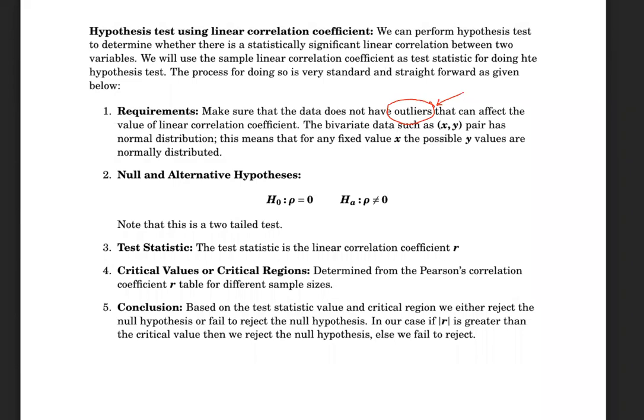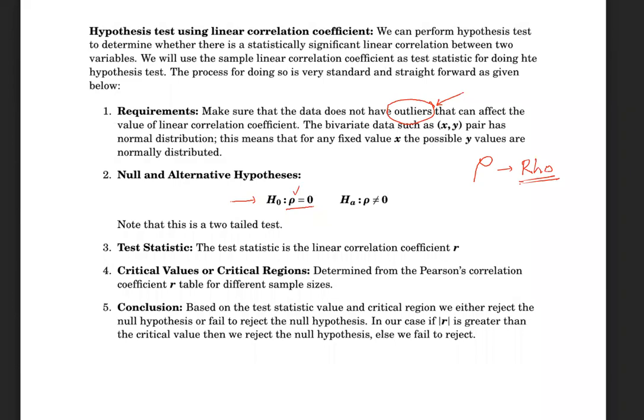Second thing is your null hypothesis is rho equal to 0. This is rho, not P. It kind of looks like this. Rho is spelled R-H-O. So rho equal to 0 means there is no linear correlation.